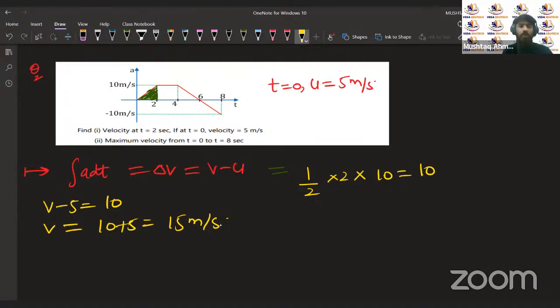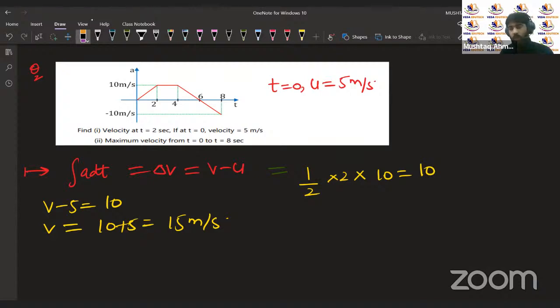And we also have to calculate the maximum velocity from time t equal to 0 to time t equal to 8 seconds. See, look at this graph. The acceleration is continuously increasing and it is positive. It means that it's along the direction of the velocity, right?